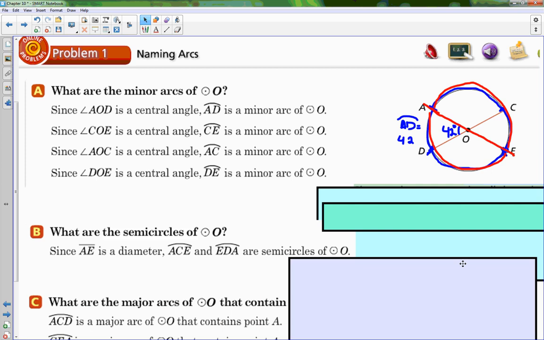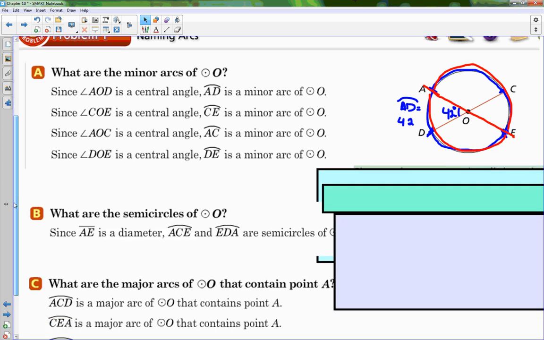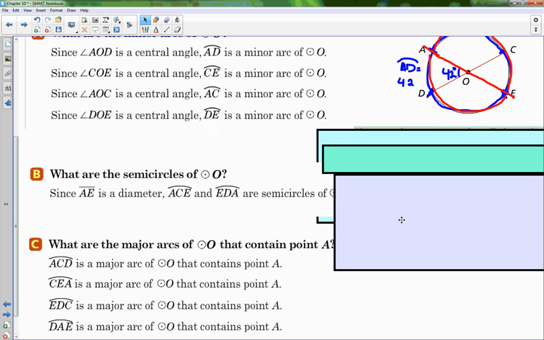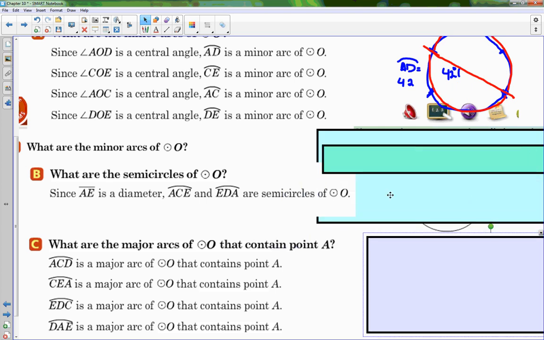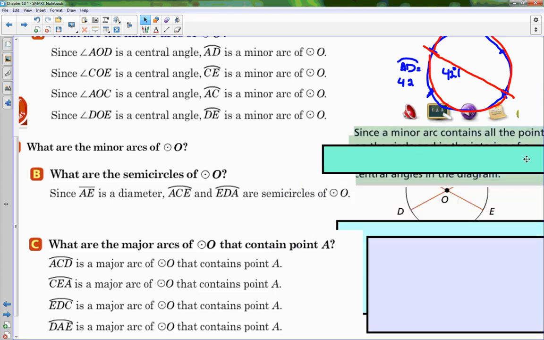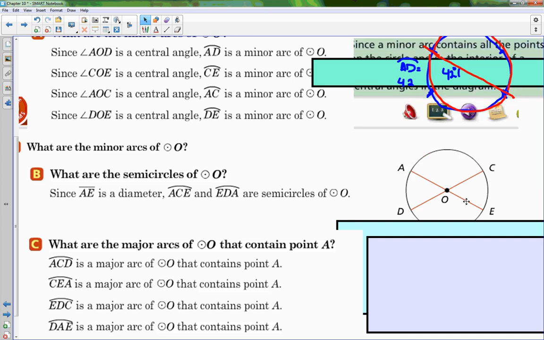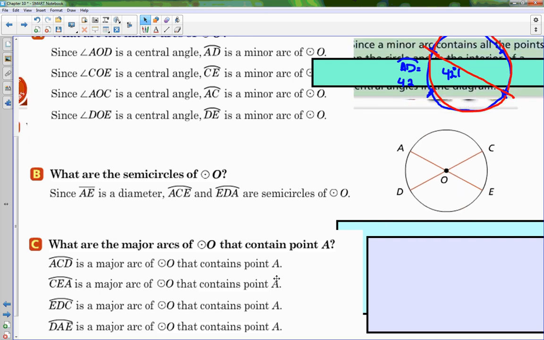And then major arcs. Let me pull this down here so we can see. So the major arcs are the ones that are bigger than 180. So ACD, AC, and all the way around to D is a major arc.